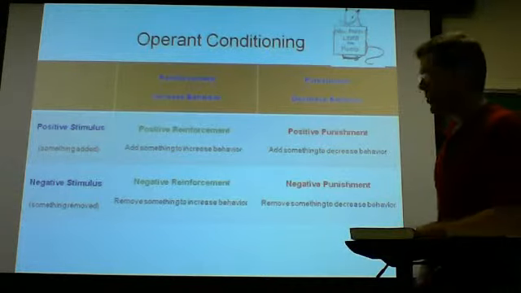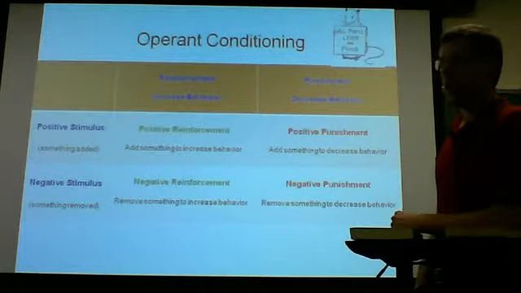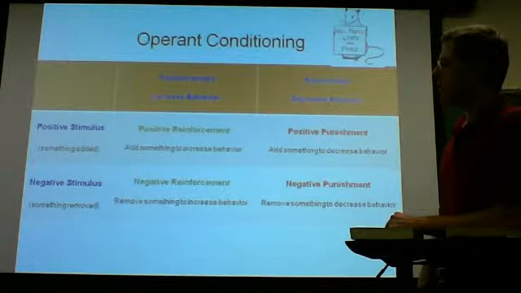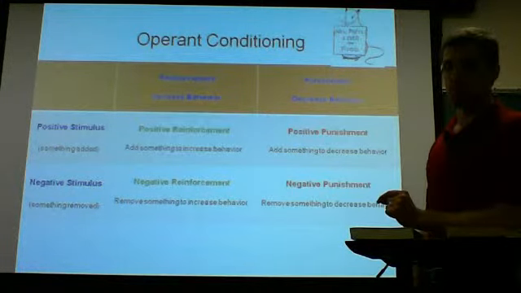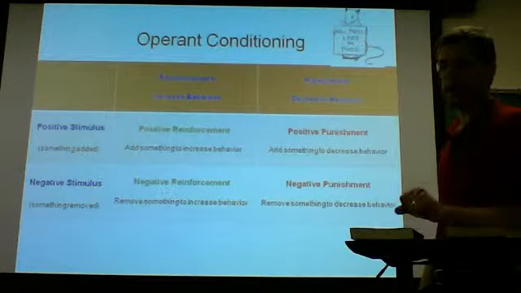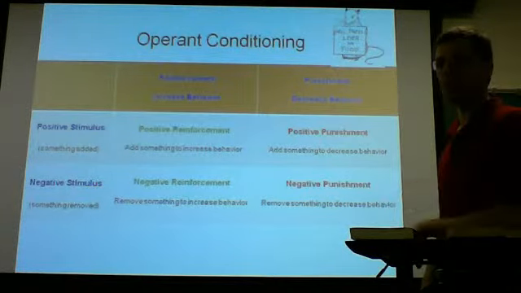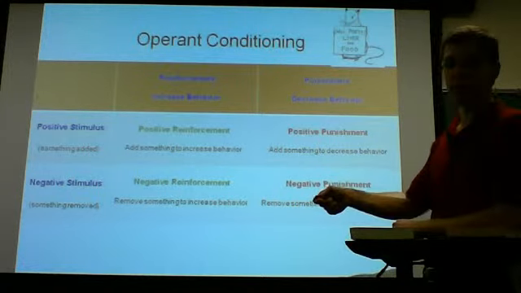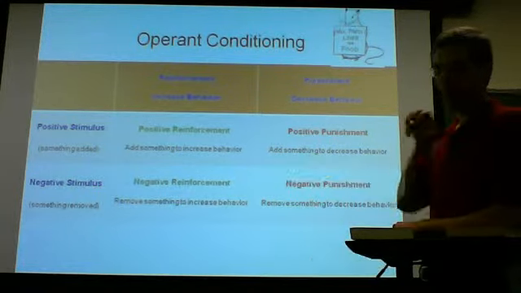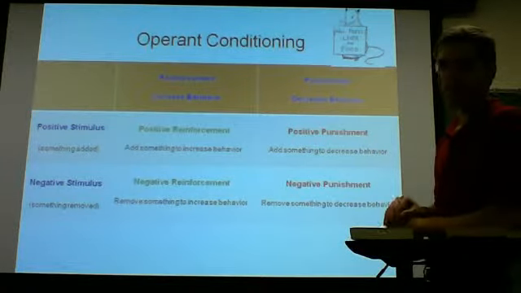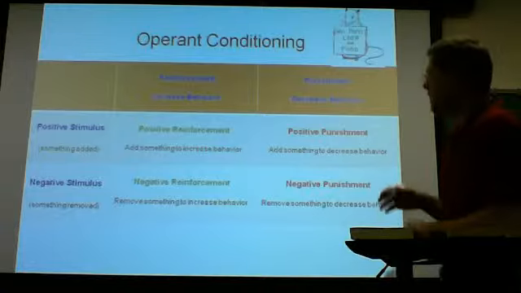Negative reinforcement, on the other hand, is where, for instance, the child does not like to eat Brussels sprouts. So anytime the child takes out the trash, they do not have to eat their Brussels sprouts. That is something they hate doing, so I'm taking that away in order to increase the behavior. That's negative reinforcement.